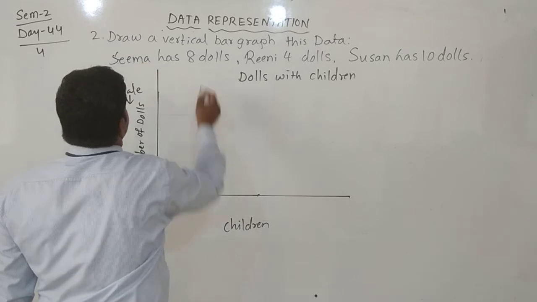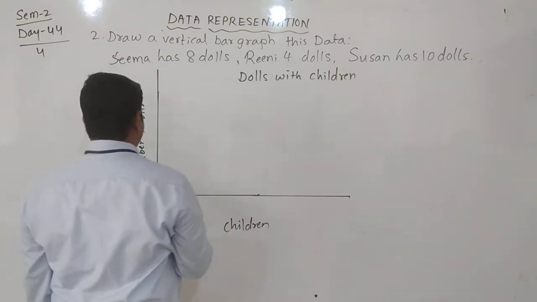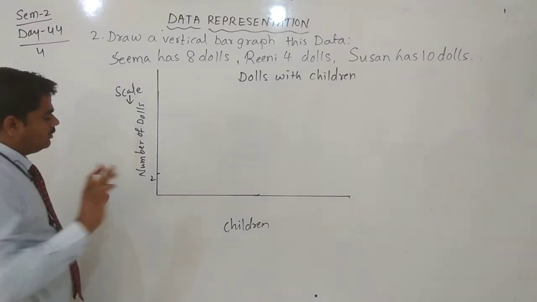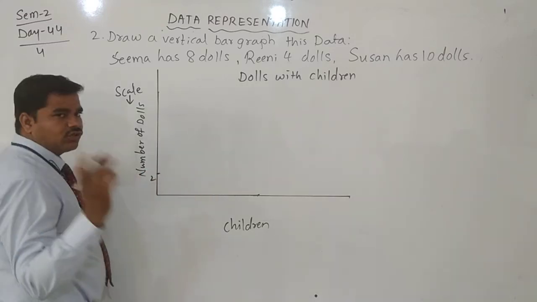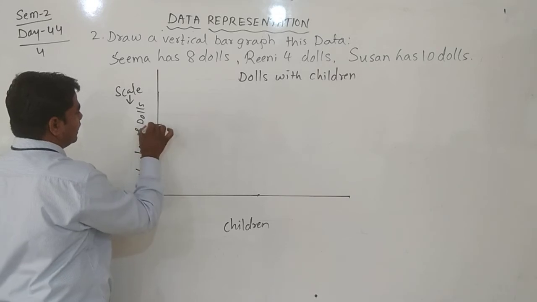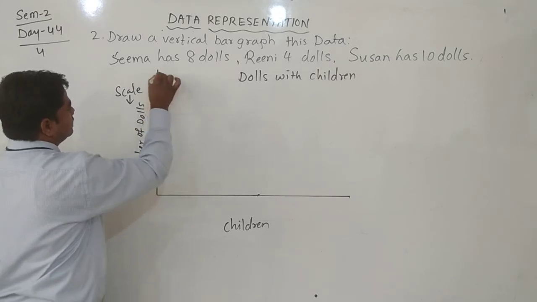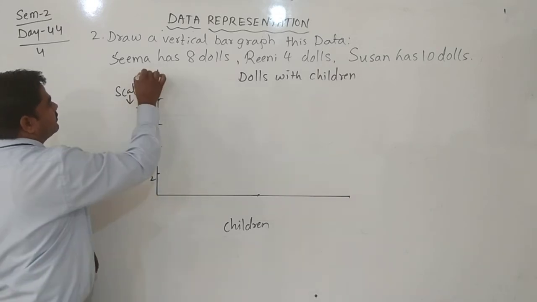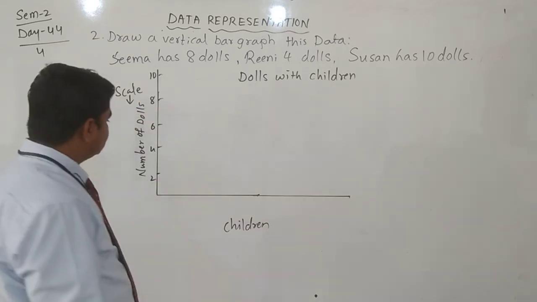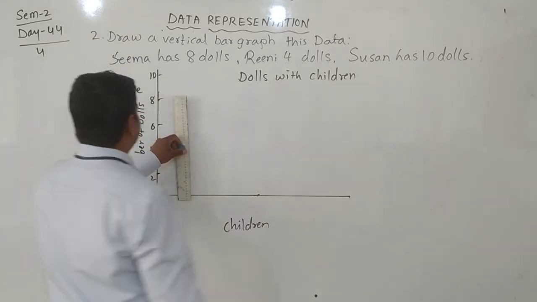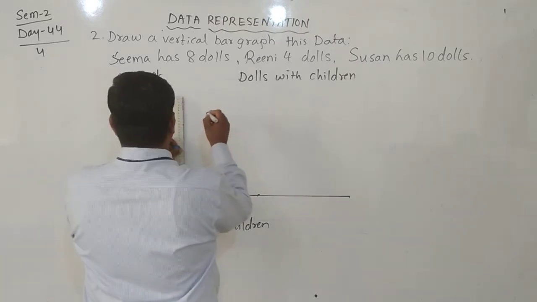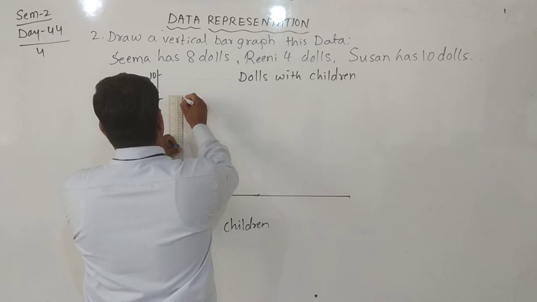Seema. Seema has 8 dolls. Here 1 bar is equal to 2 dolls: 2, 4, 6, 8, 10. Maximum 10. Now the first one, who has? Seema has 8 dolls. Here there is 8. Means we can draw the bar.